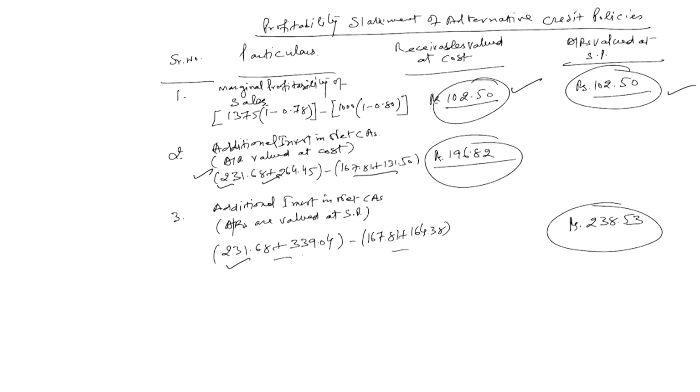So, total investment when the receivables are valued at selling price is the new investment, that is 231.68 plus 339.04, and the existing investment is, in the other current assets it is common, that is 167.81 is common, and the new one will be as per the selling price.